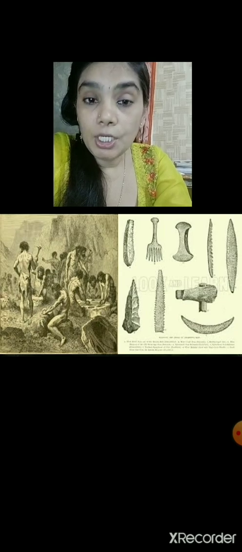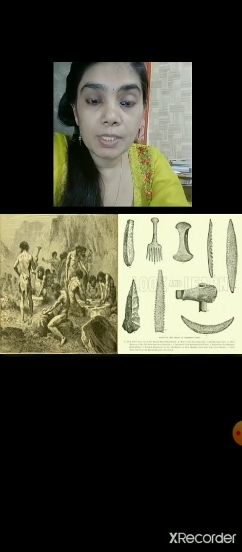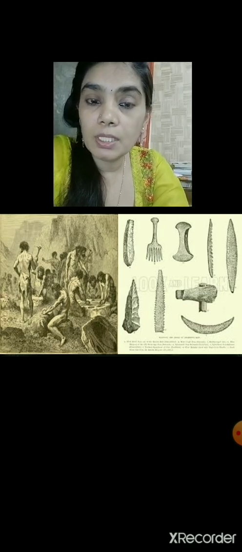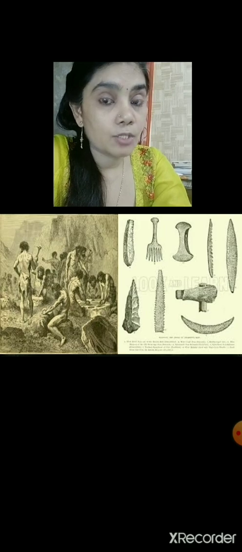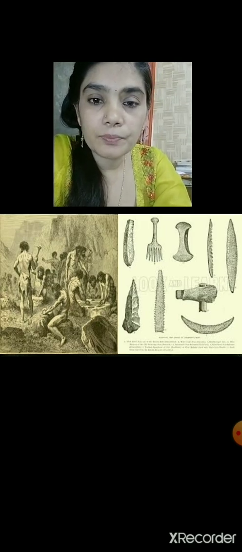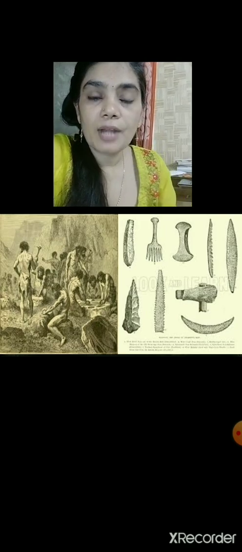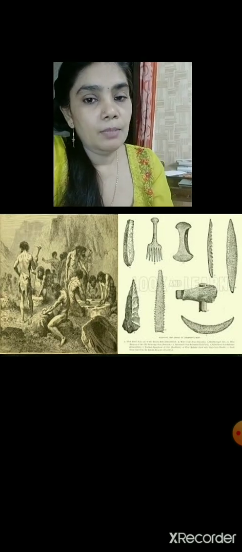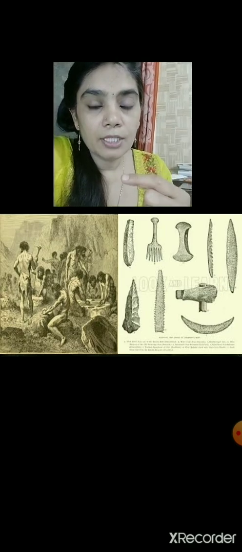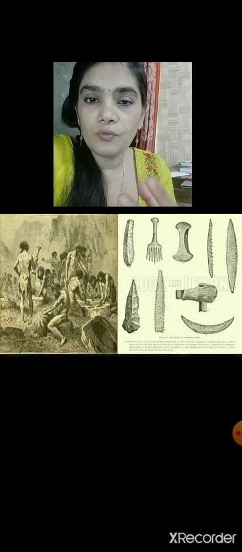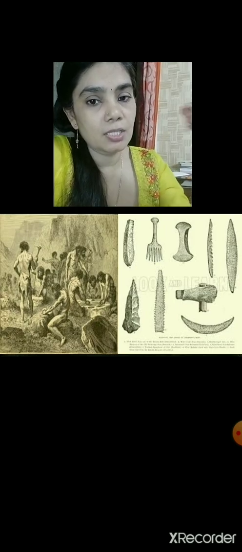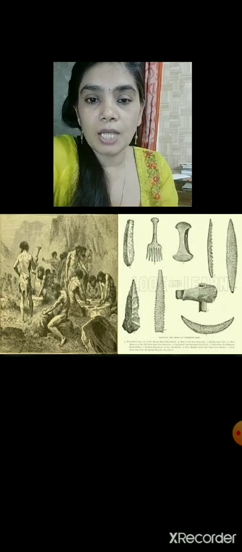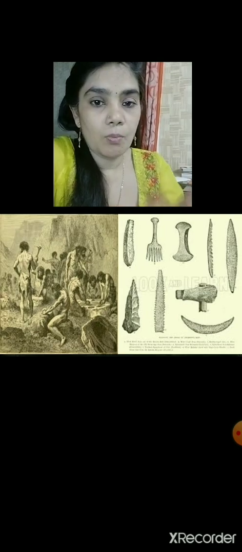He used these tools and weapons to make holes in the animal skin. Why did he make the holes? Because he had just wrapped the skin of the animals around his body. Now he made holes and took strands of the animal skin and inserted them in the holes, and he made the clothes tight around his body.